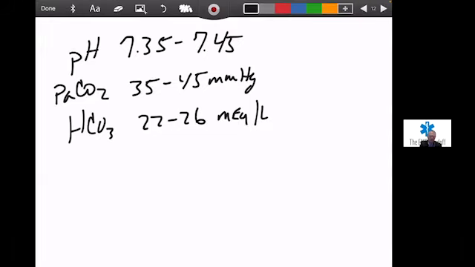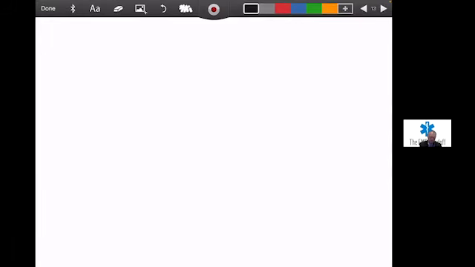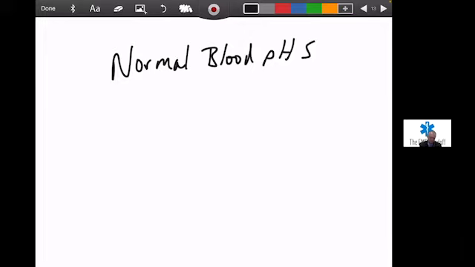So that's the normal blood pH scale. Right around normal is somewhere around 7.40, and that's where our body likes to stay, somewhere in that range of 7.35 to 7.45.